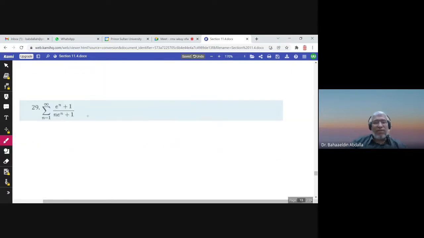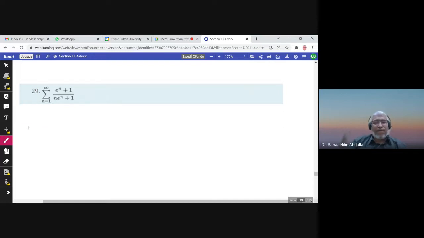Well, here I'll also do something. I'll start by e to the power n plus 1. This is an. If you look carefully at an, I have e to the power n plus 1 and e to the power n plus 1 here, but there is an n here. So I will compare it with 1 over n.